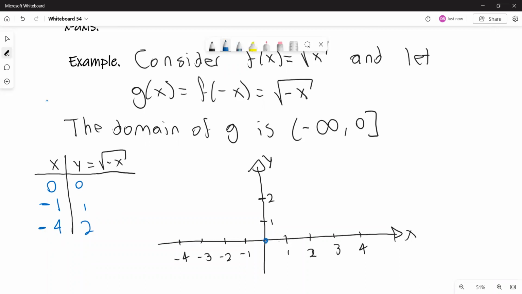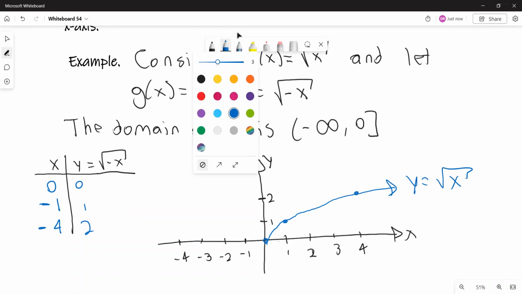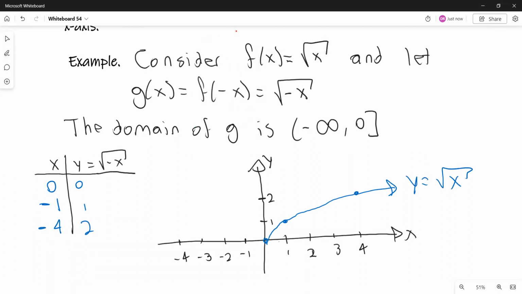Okay, so first we have the square root function. And the other function passes through the points (0, 0), (-1, 1), and (-4, 2).